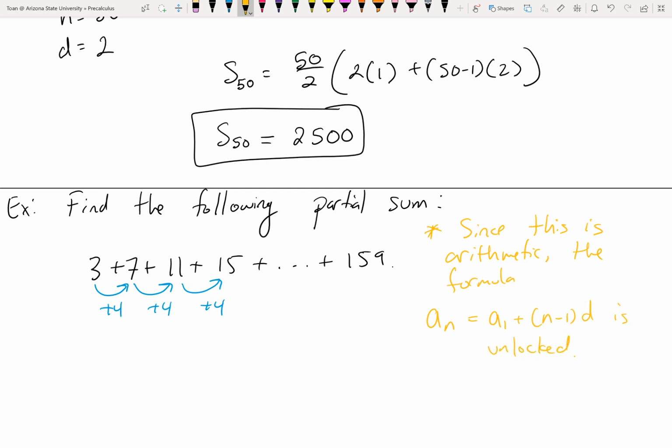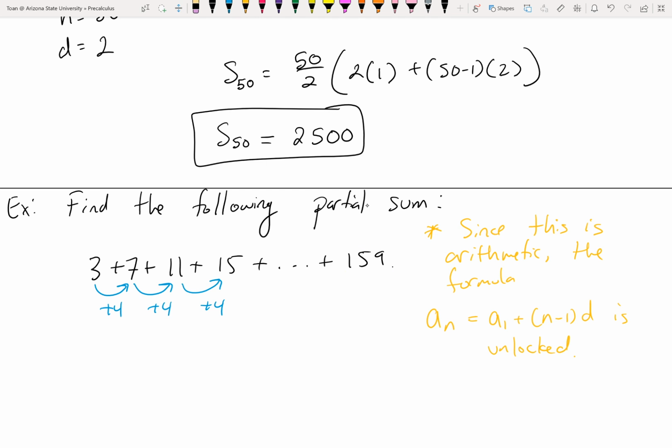Remember, this is a sub n, not s sub n. A sub n is for a specific number. We can use this formula with the last term to figure out what term position it is, because since it's the last number, its term position should be the same as the total number of terms.